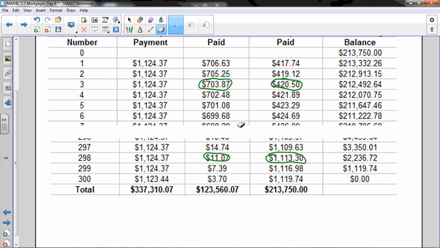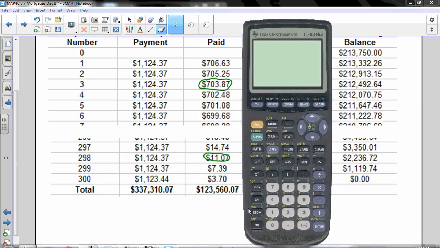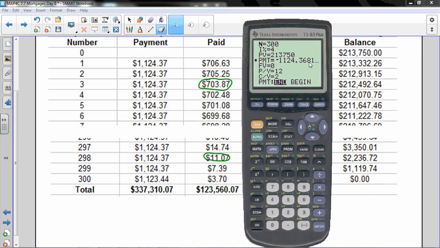See, the last payment here, we had the payments for 25 years, it was $1,124.37, but the last payment was off. It wasn't quite right. And that was because of rounding, right? When I rounded earlier to get the payment, remember when we looked at the graphing calculator, it wasn't exactly that value. It wasn't exactly 37 cents.